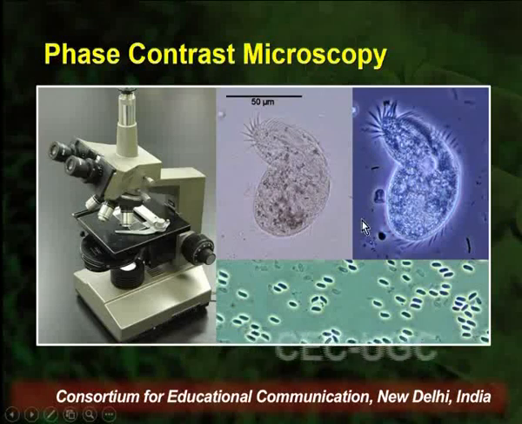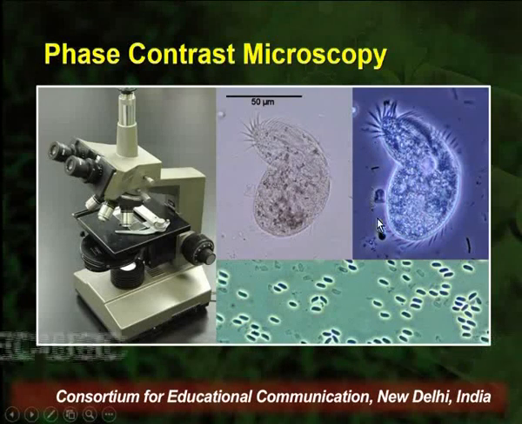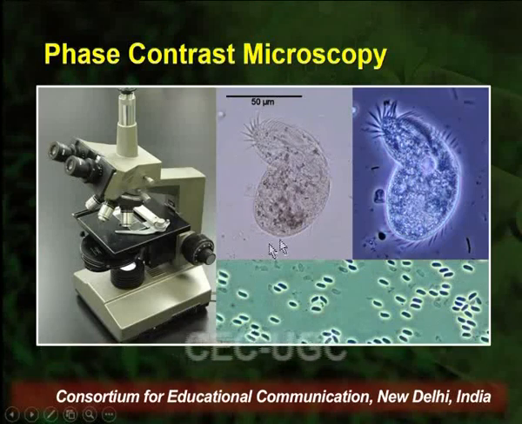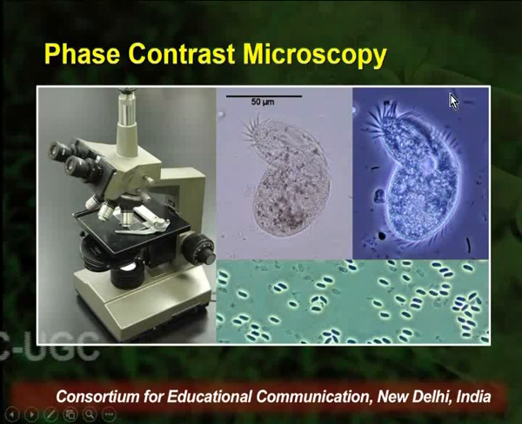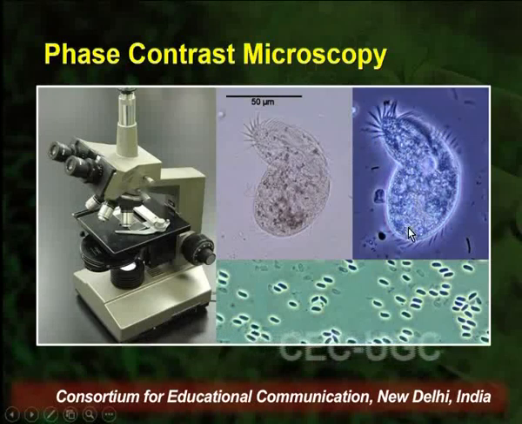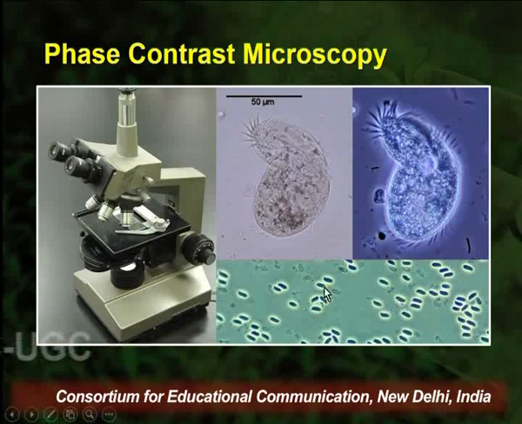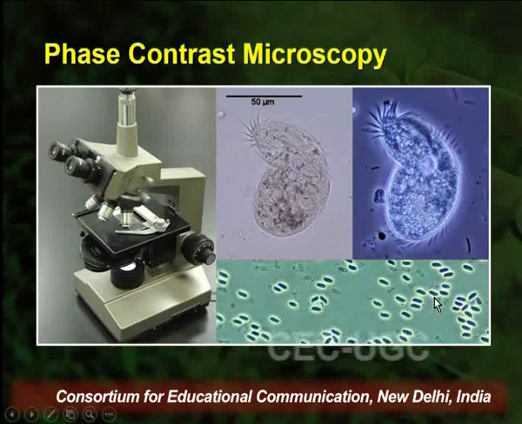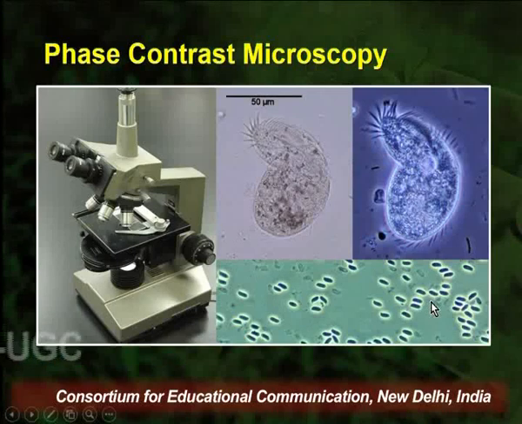One is taken through a phase contrast microscope, and the other one is taken through a compound microscope. So when we use the two components of phase contrast microscope, the clarity of the outline and also the intracellular structure gets enhanced tremendously. Similarly, microorganisms can be seen with much greater clarity when we use the principles of phase contrast microscopy.